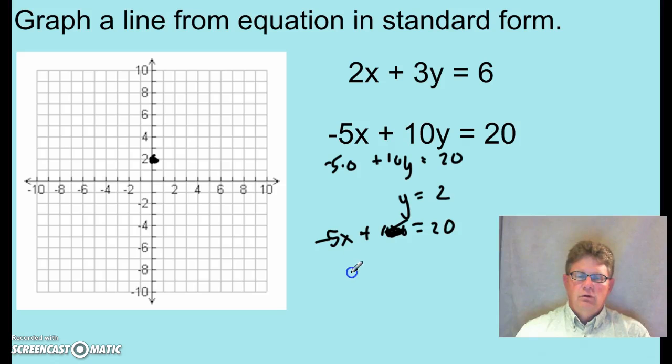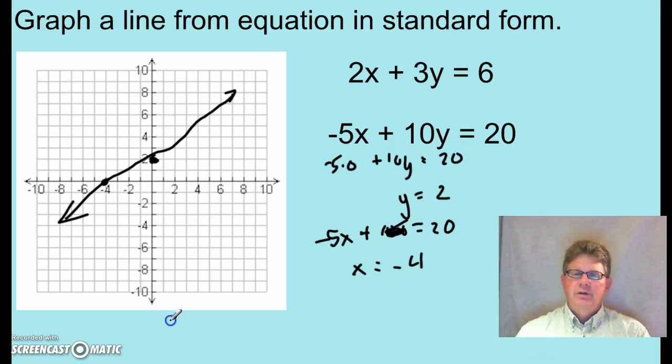Negative 5x equals 20. Divide both sides by negative 5. X equals negative 4. Then you can draw your line through those two points. And that's how you graph a line from an equation in standard form. This will conclude Honors Geometry 3.5, writing equations and graphing lines.